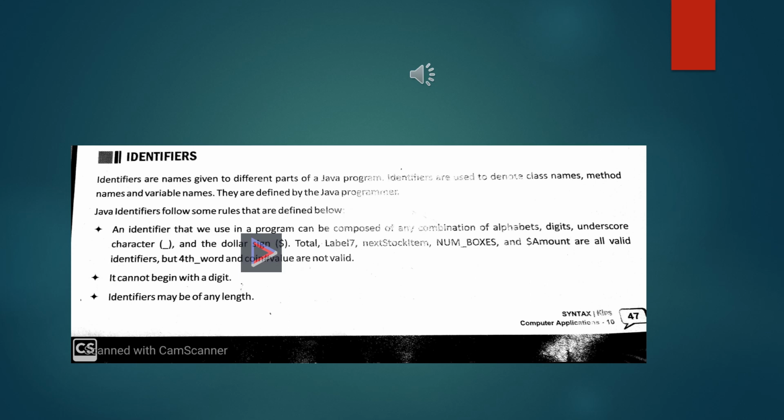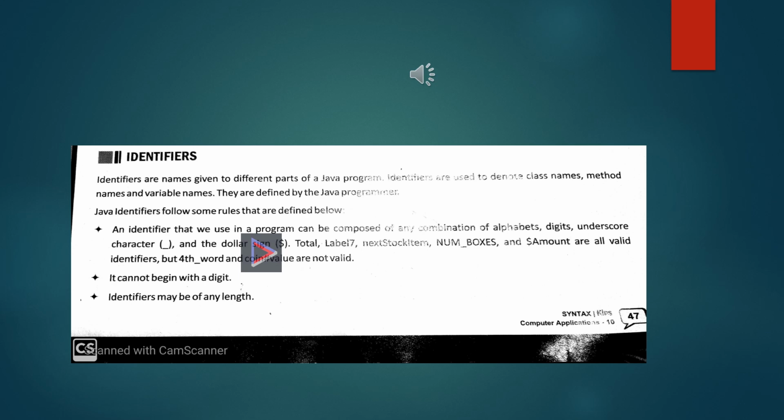The rules are that the identifier we use in the program must be composed of any alphabet, digit, underscore and dollar sign. For example, look here: total is all alphabet. Label7 is a combination of alphabet and digit. Uppercase, lowercase, all those combinations you can write.